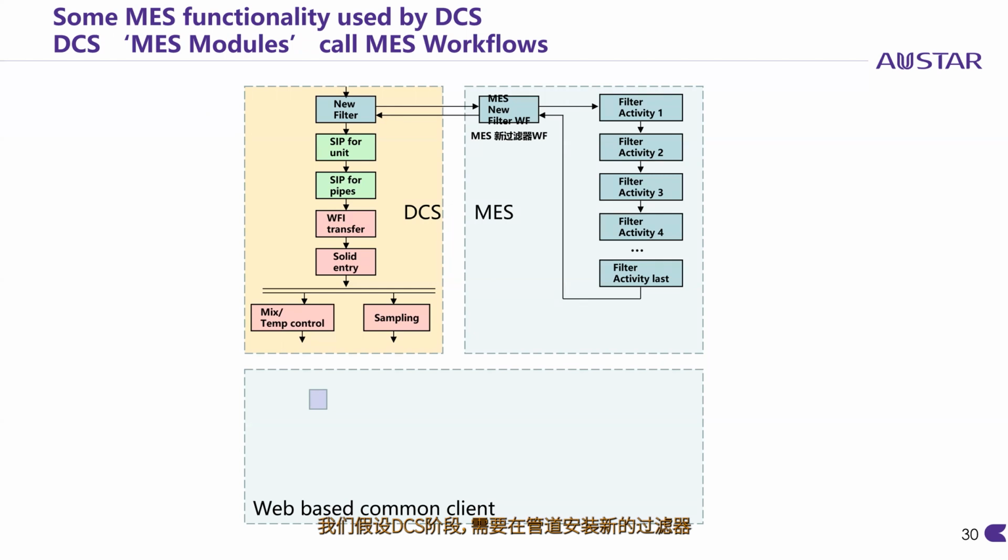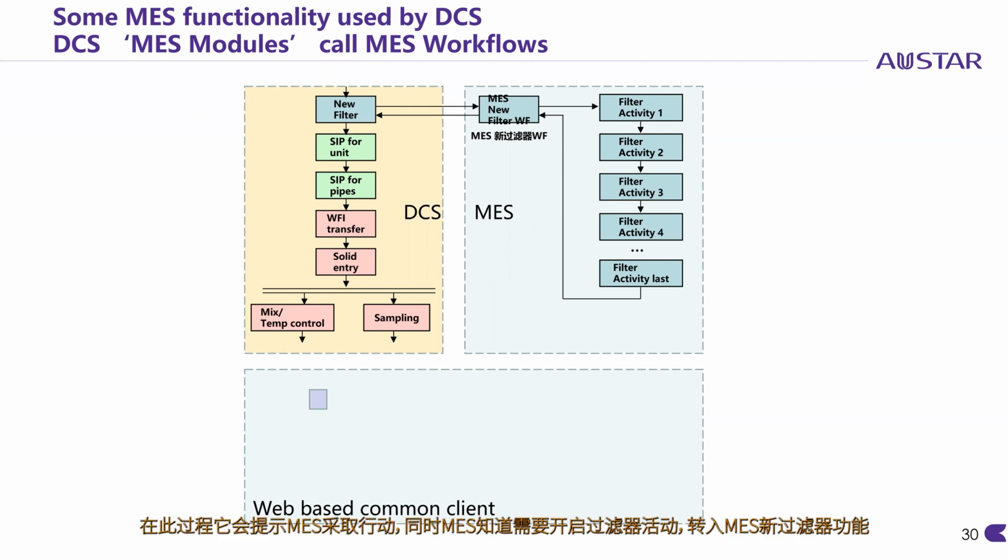So how do systems work together, DCS and MES? Now let's assume we have a DCS phase, and one phase is that a new filter has to be built into a piece of pipe. So what happens is when this is activated, we would tell the operator on the screen, oh, there is a MES action required.